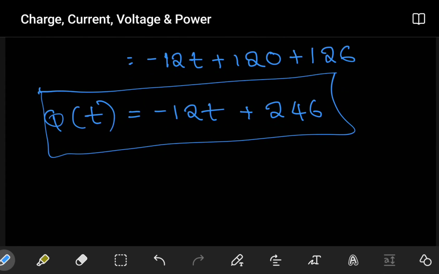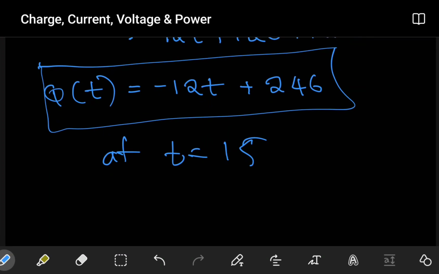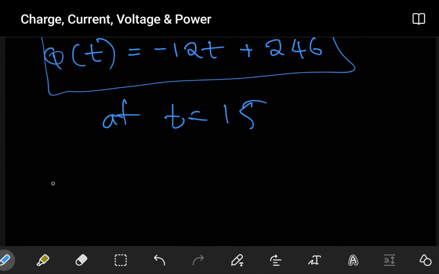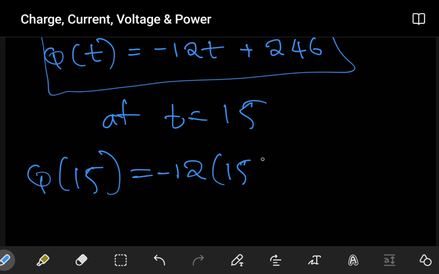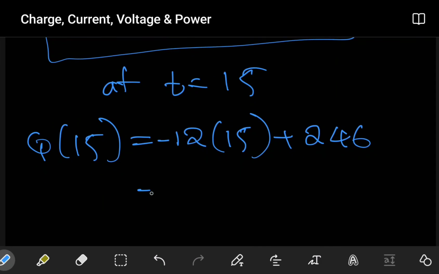Now, we know it's a linear relationship, but what will be the charge at t equal to 15 seconds, so that we know the last point in this boundary? When t is 15 seconds, we now have minus 12 times 15 here, and then plus 246. Doing the math, you see that the charge we end up with is going to be 66 coulombs.